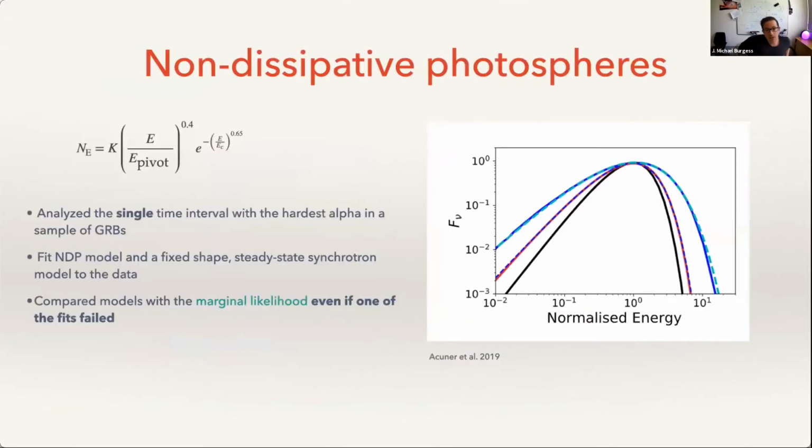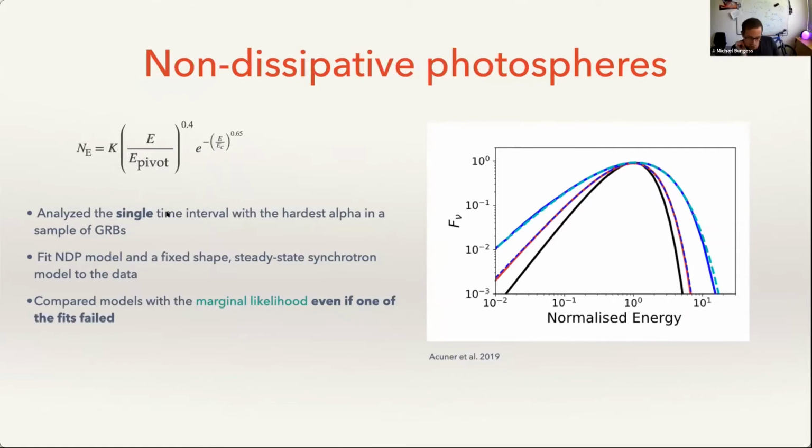More recently, there was a study of non-dissipative photospheres, which was spoken about a lot yesterday. We can call this a physical model because they derived an empirical function that modeled this physical model. In the study by Acuner et al. in 2019, they fit this spectral function to some data from the time-resolved catalog.